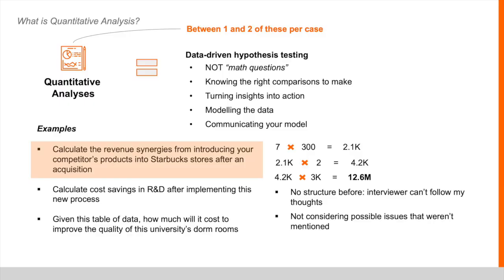The fact that they don't affect the answer does not affect the fact that I need to ask about these things. Why? Because they show my interviewer that if the case were different, I would still have gotten it right. It doesn't matter that I got you the right number if I didn't consider a factor that does not play out in this case, but could have played out in another case.